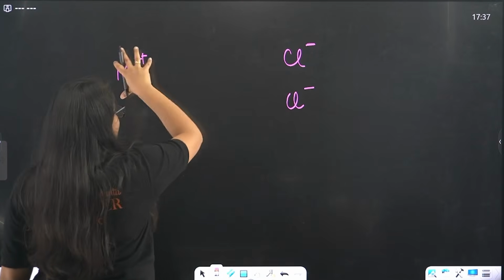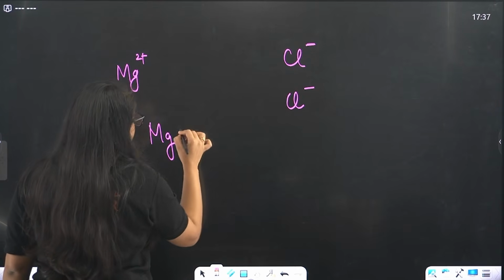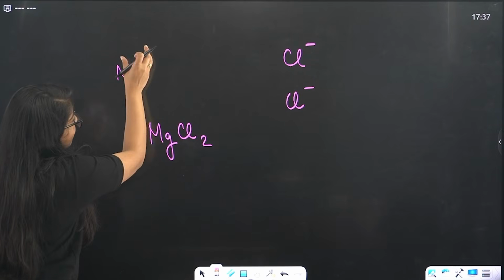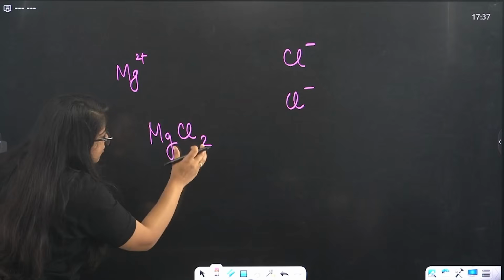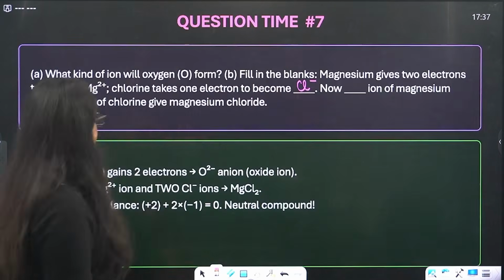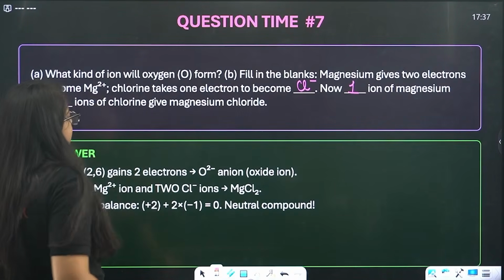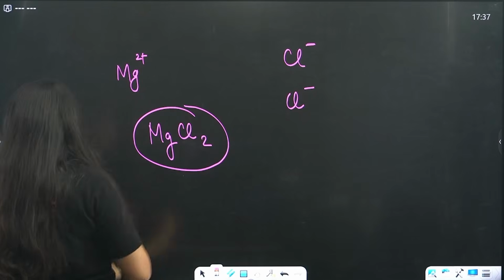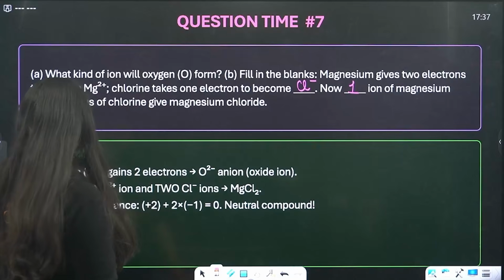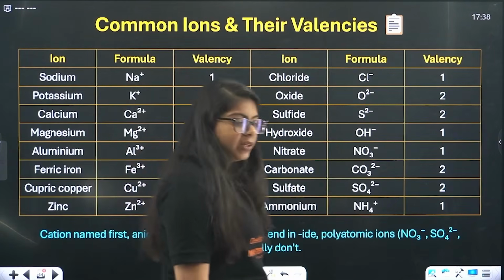So 2 chlorines will take 2 of these electrons. So what will this become? Mg plus 2, MgCl2. That means 1 ion of magnesium will give 2 electrons to 2 ions of chlorine. Understood? Clear? Great. So that's the whole thing. That means 1 ion of magnesium and 2 ions of chlorine will make MgCl2, that is magnesium chloride. Done? Understood? Great.